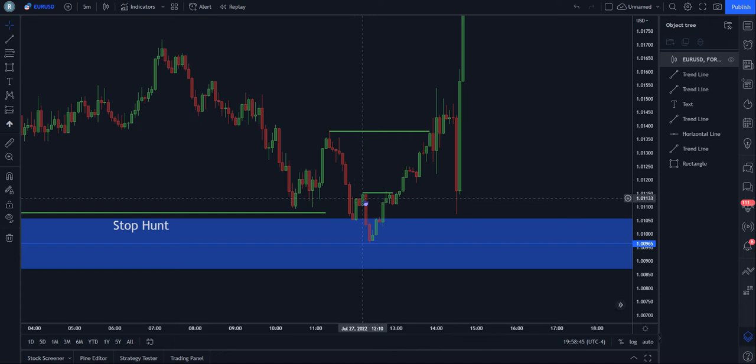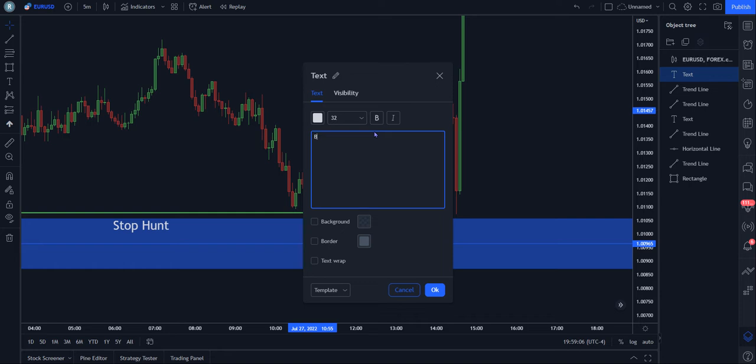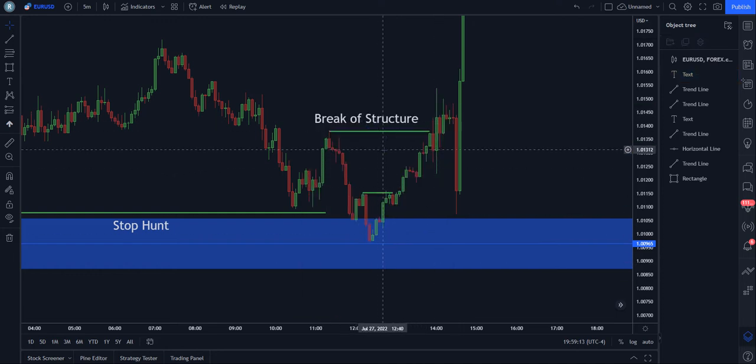Also, for my personal style, I prefer a candle to close above it, not just wick above it. So we can see here, this red candle does wick above it, but doesn't close until we get this next one that closes. So that is the second part. It's a break of structure, specifically the high that caused the stop run.